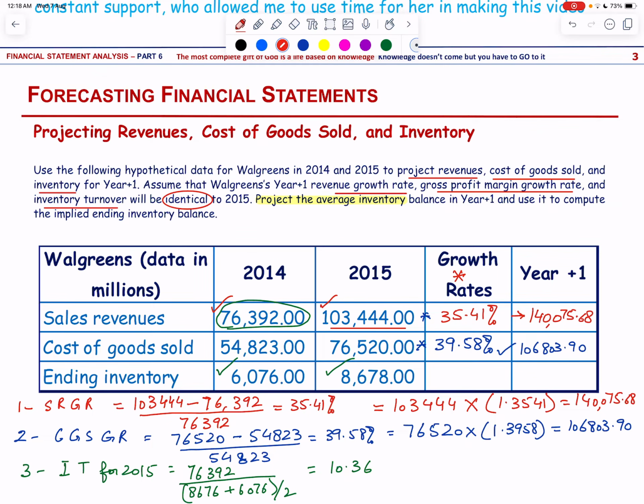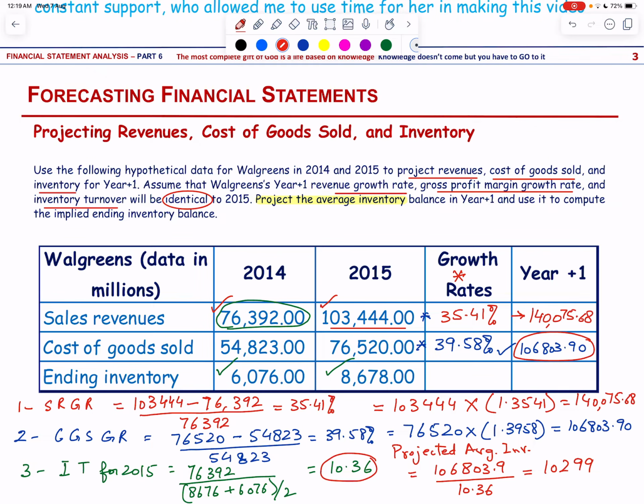The projected average inventory will be equal to the projected cost of goods sold, that is 106,803.9, divided by the inventory turnover for the year 2015, that is 10.36, and this will be equal to 10,299.